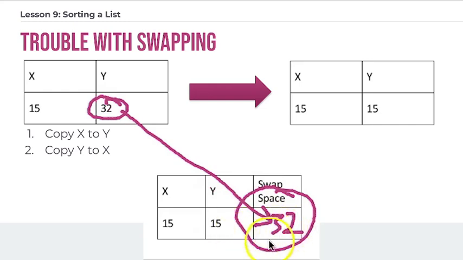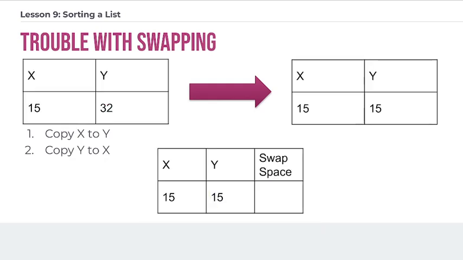And once we've done that, then it's a simple matter of overwriting the value of X, okay? So X moved to Y, Y moved to swap space, and then swap space is going to come right over here and take the place of this 15, right? Okay? So that's how you need to think about swapping.